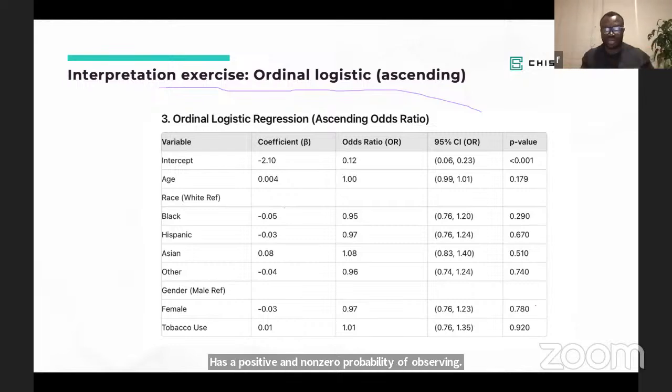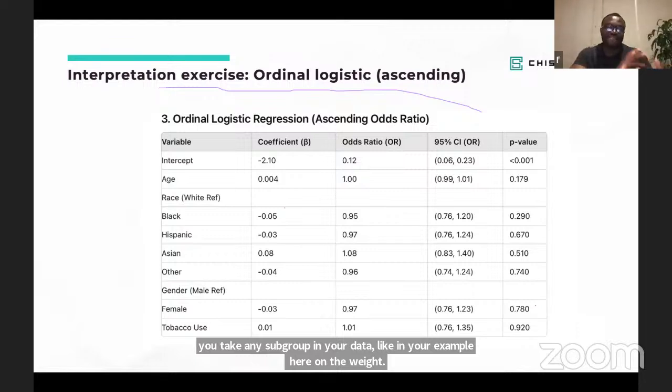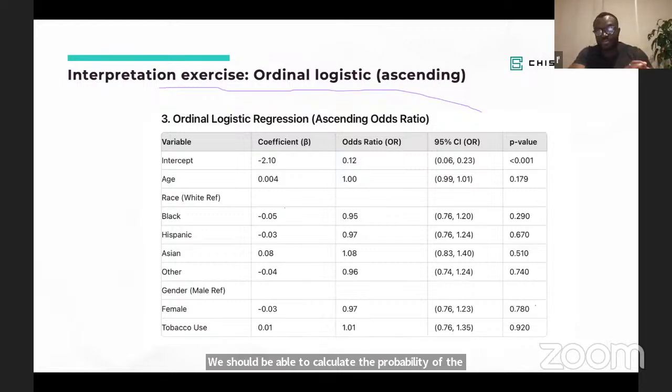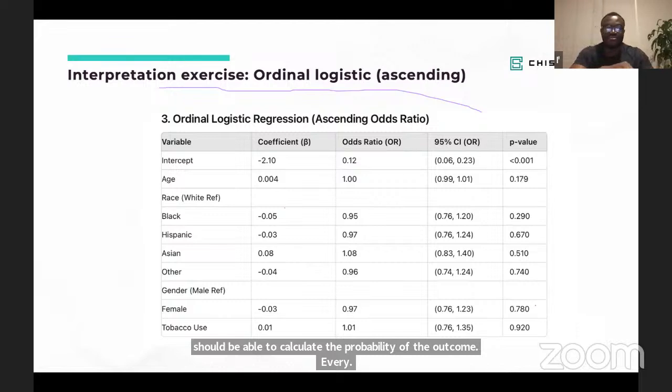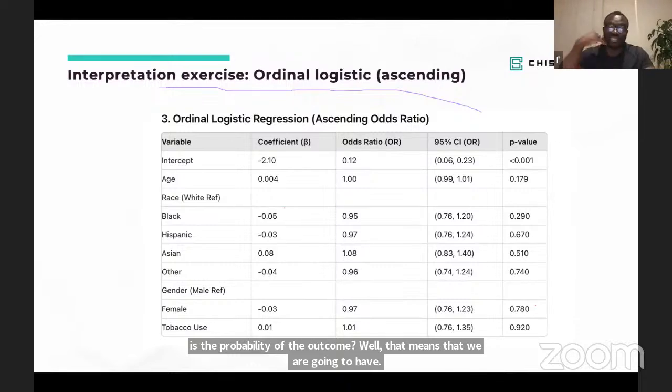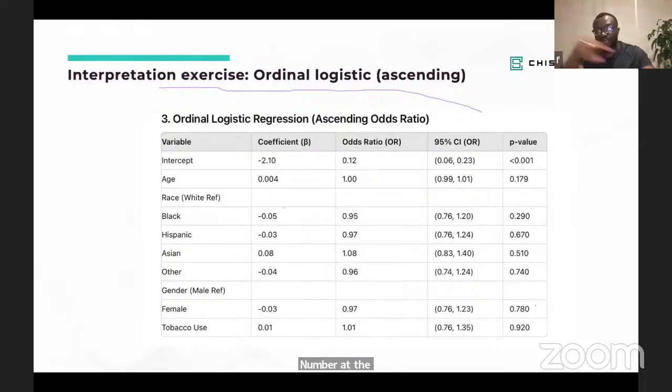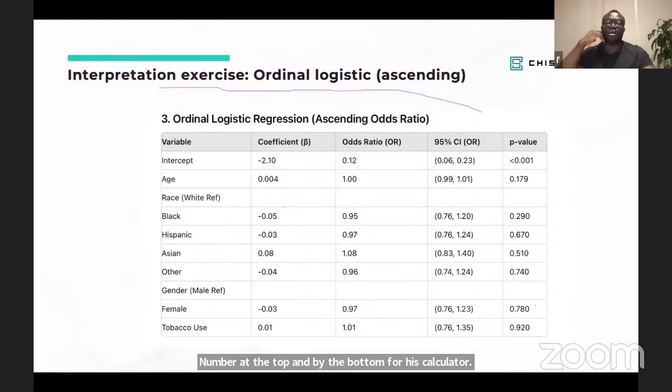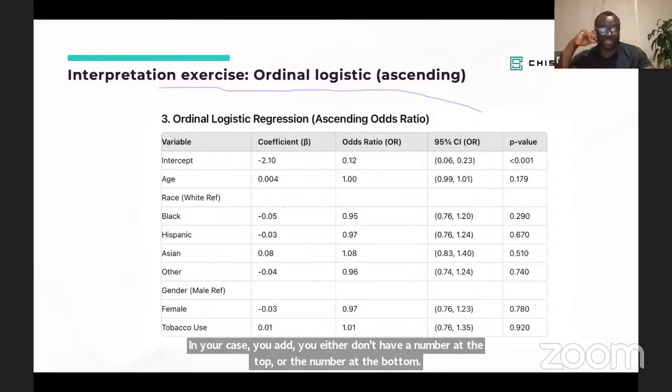If you take any subgroup in your data, like underweight in your example, we should be able to calculate the probability of the outcome in each and every subgroup that exists in your study. Among underweight, for example, what is the probability of the outcome? That means we need a number at the top and a number at the bottom to calculate probability. In your case, you either don't have a number at the top or at the bottom. So you have violated the assumption of positivity.